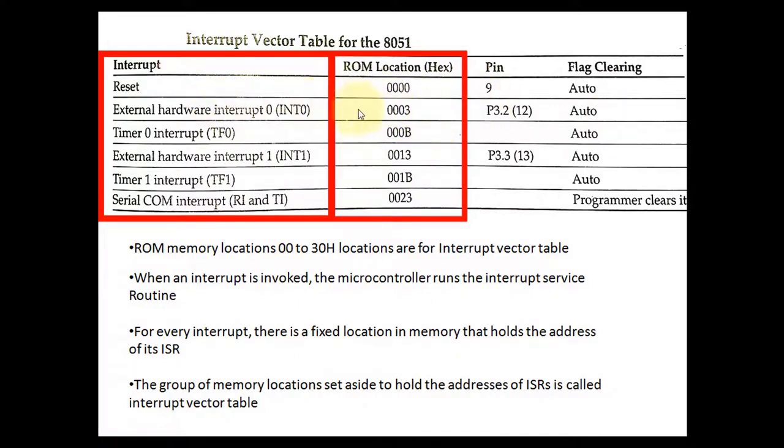So at this address, you will find your ISR. You have to write the ISR, the interrupt service routine, from the 003H location. The group of memory locations set aside to hold the address of the ISR is what we call the interrupt vector table.